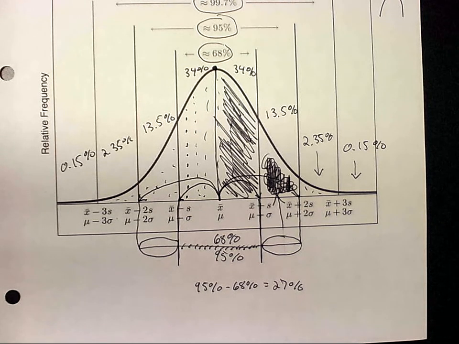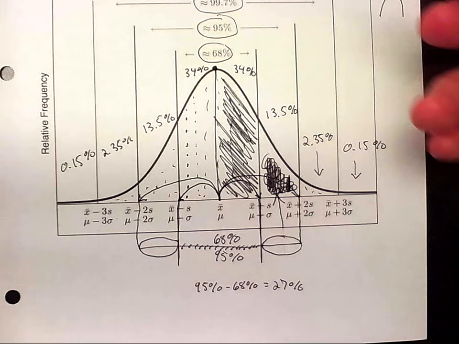You don't have to memorize all of these percentages, the 34, 13.5, 2.35, and 0.15, because as long as you remember 68, 95, 99.7, you can get all these other ones. Is everybody good with that? So the ones that you definitely have to remember are 68, 95, and 99.7. But if you remember these other four as well, your life is going to be that much easier.